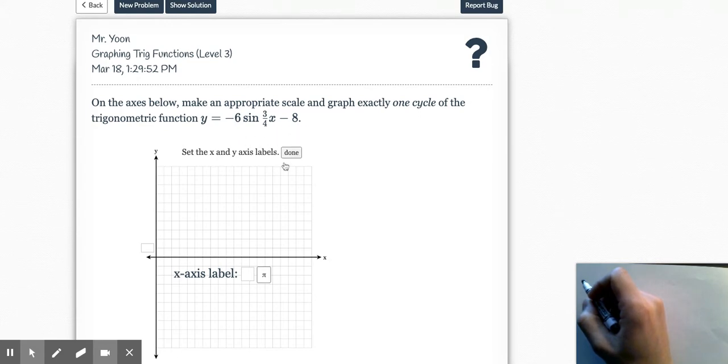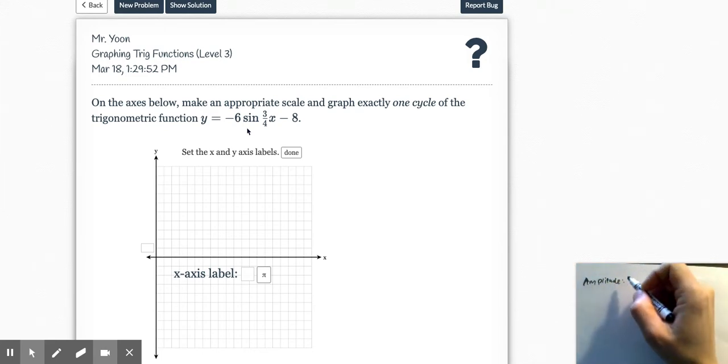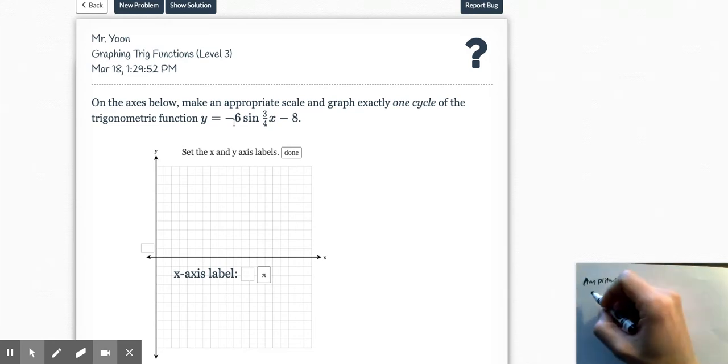Before we do anything down here, we know there's no negative amplitude. It's the absolute value of this coefficient outside of the sine. So amplitude is going to be 6. We're going to deal with the negative later.